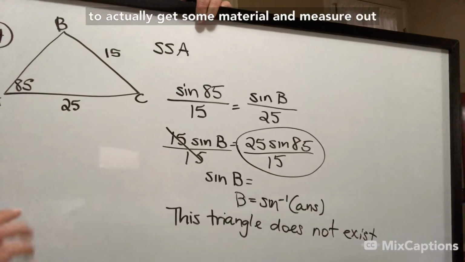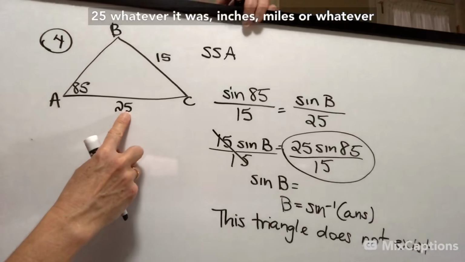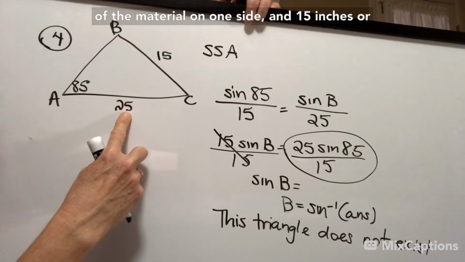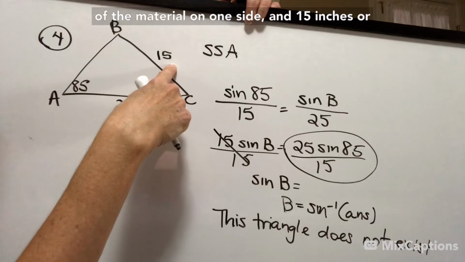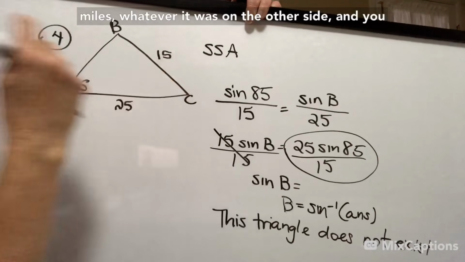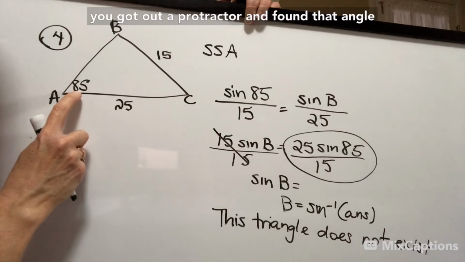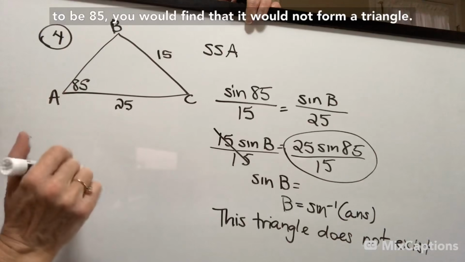Like if you were to actually get some material and measure out 25, whatever it was, inches, miles, or whatever, of the material on one side, and 15 inches or miles, whatever it was, on the other side, and you actually tried to construct a triangle, and you got out a protractor and found that angle to be 85, you would find that it would not form a triangle.